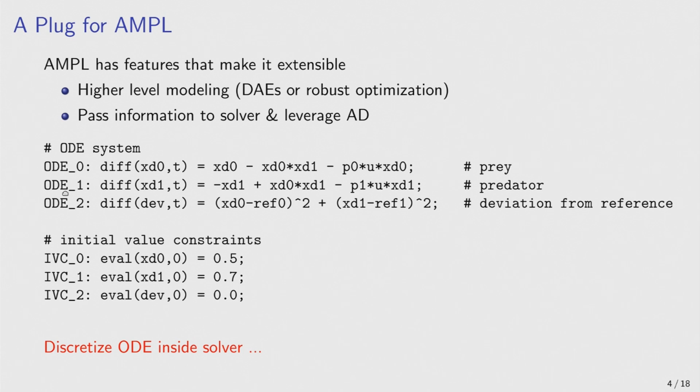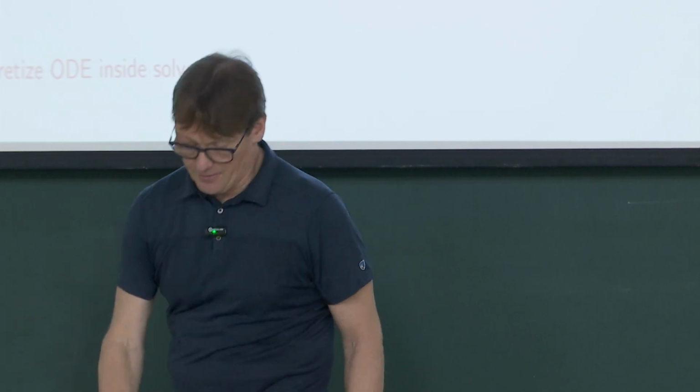So this is just a way of writing dx by dt equals some right-hand side. And the back end of the solvers then does all the conversion and discretization. So it's a very convenient tool that we wrote and that allows us to write differential algebraic equations in AMPL, even though AMPL doesn't know what a differential algebraic equation is, and it leverages all the automatic differentiation techniques.